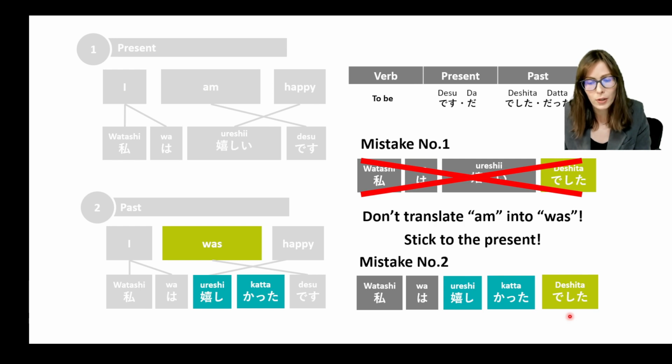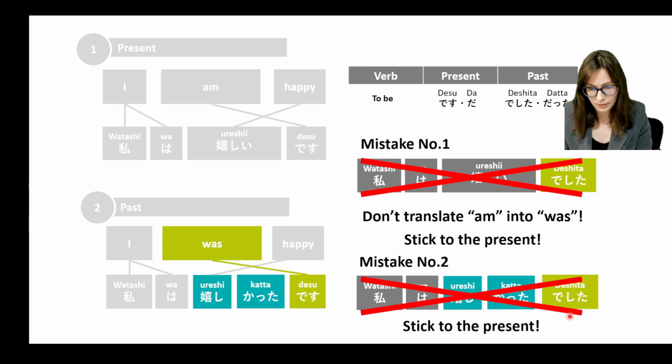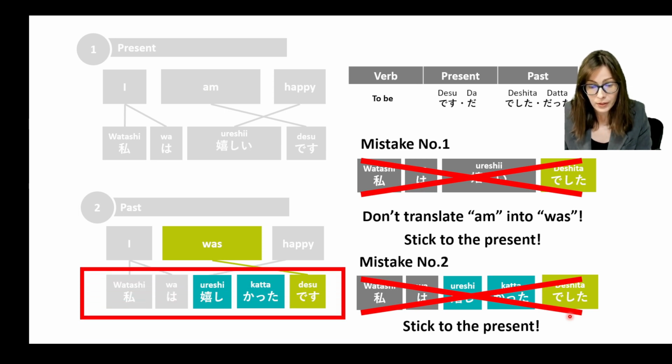Again, this will not be correct. Stick to the present, okay? Let me repeat. 私は嬉しいでした. Not correct. 私は嬉しかったでした. Not correct. The only correct form is 私は嬉しかったです.